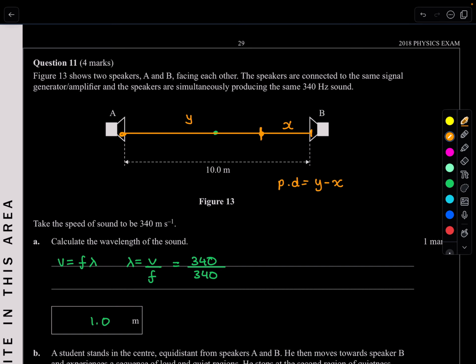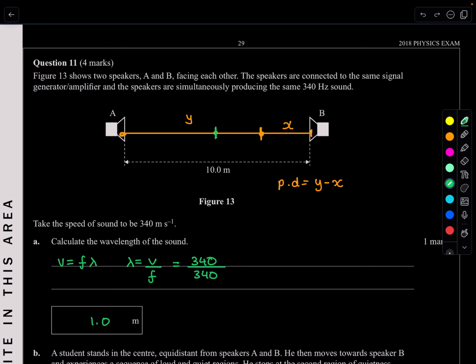And this is what we need to calculate: how long has he walked from the center? Now, what do I know that will give me a hint?